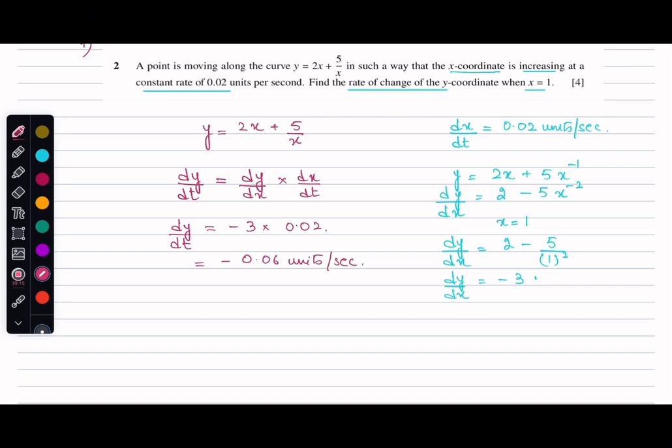So what this negative sign means is that here it should be a decrease, the rate of change of y is negative, which means that there is a decrease in y with respect to time.